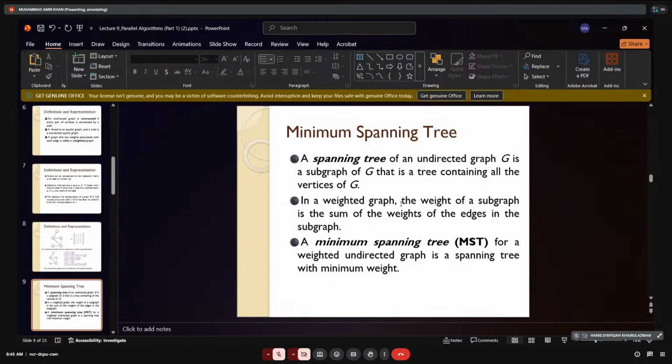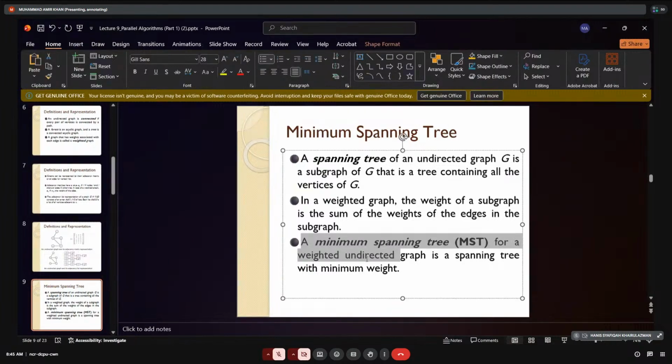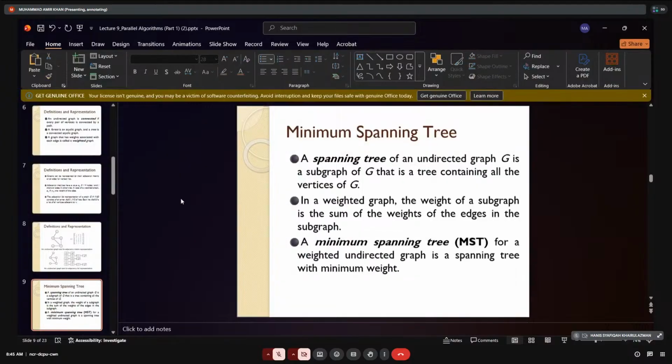In a weighted graph, the weight of a subgraph is the sum of weights of edges in the subgraph. We'll see this next. And the MST, the minimum spanning tree for a weighted undirected graph, is a spanning tree with minimum weight. We'll see this in the YouTube video.